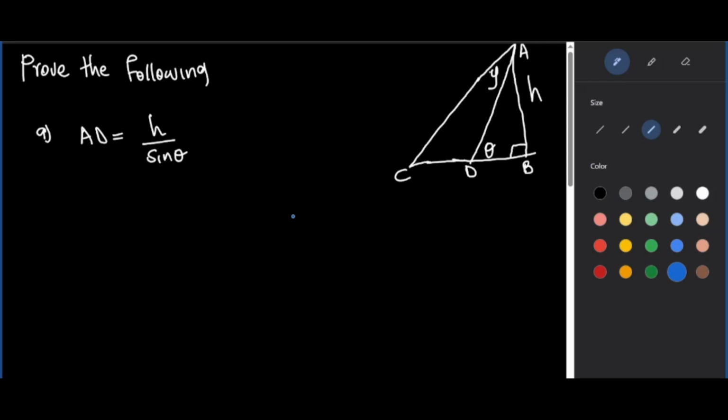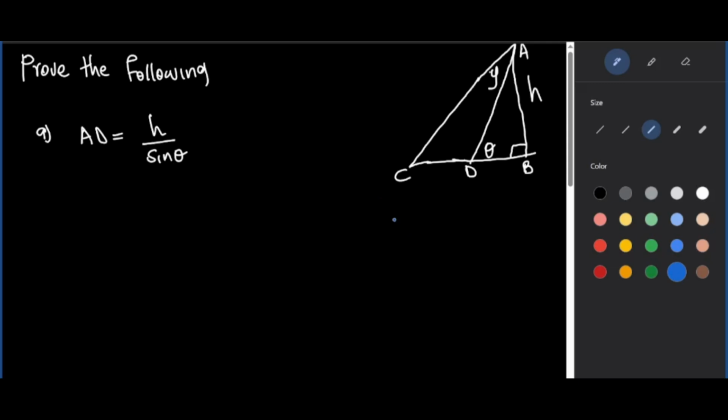What comes to your mind when you see a right-angled triangle? Pythagoras. Okay, it's fine, Pythagoras, but what about the trig ratios? Remember, this is trigonometry part 2. Yes, the trig ratios.